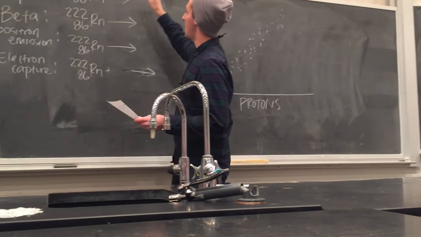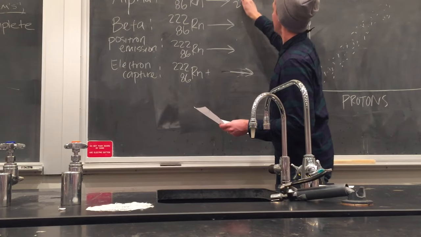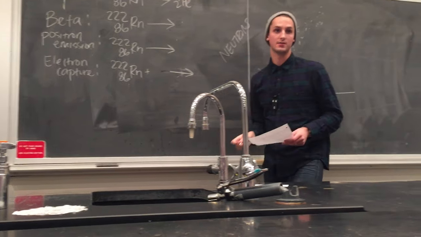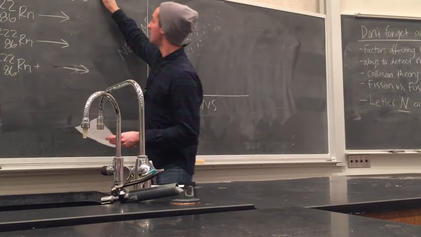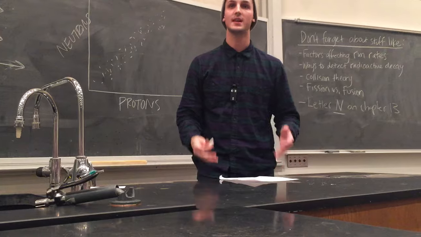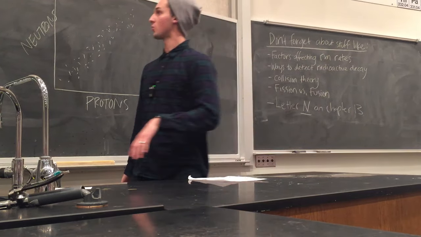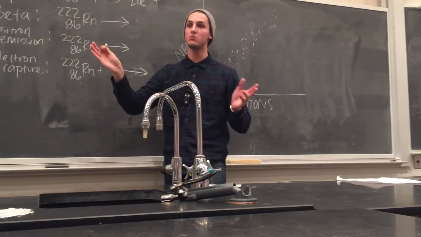First, an alpha decay, we're going to emit an alpha particle, which is a helium nucleus, right? Now the whole idea with these radioactive decay problems is we just want to balance the two sides. So we're going to treat this arrow as an equal sign.